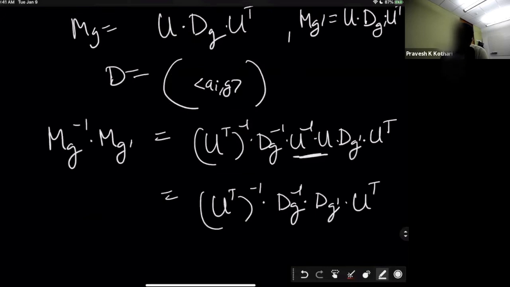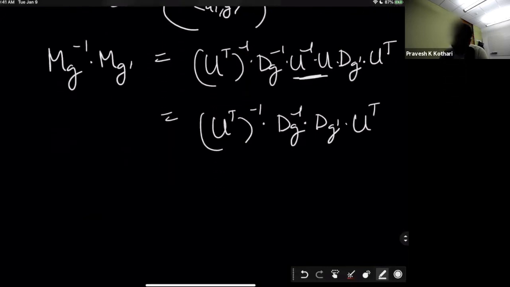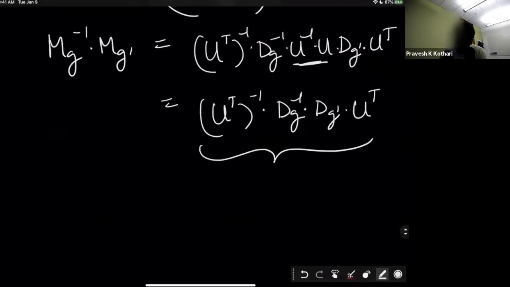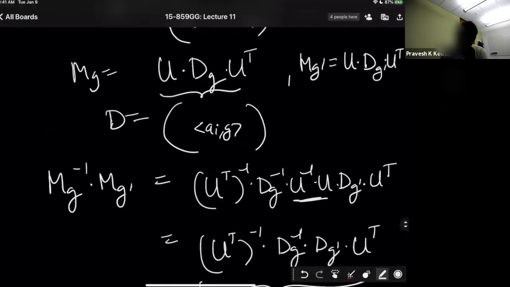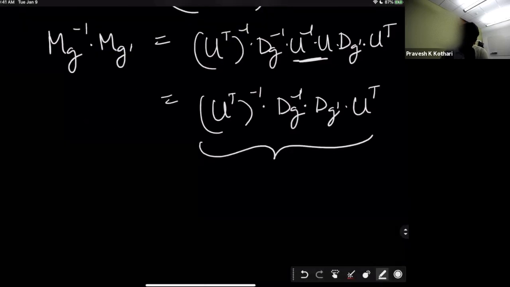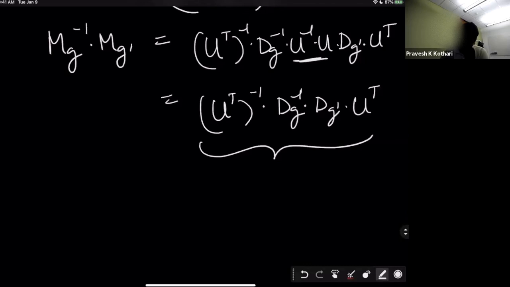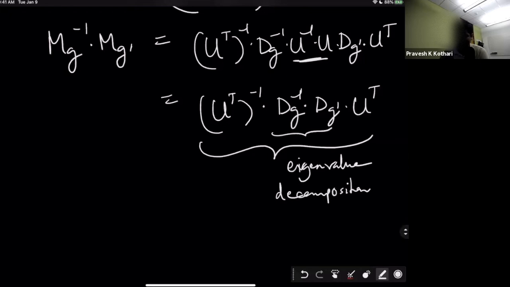And the point is that even though I started with something of U transpose form, I've ended up with a matrix U transpose inverse, and then some diagonal matrix times U transpose, which is an eigenvalue decomposition, because I have conjugation by a matrix and its inverse on the two sides.